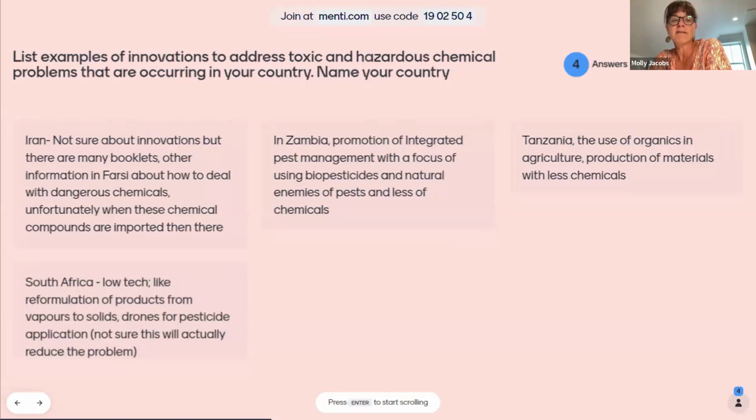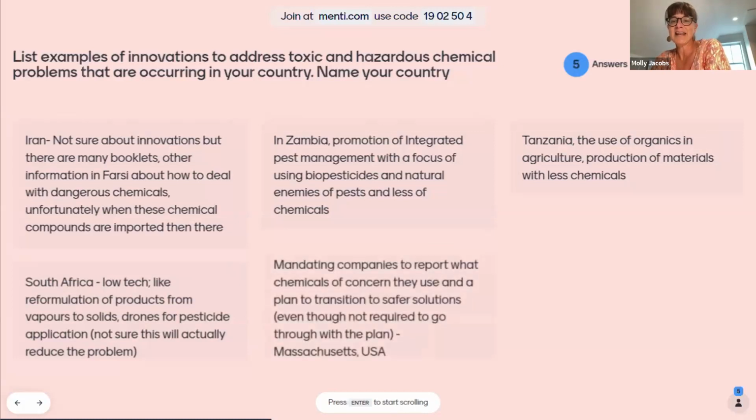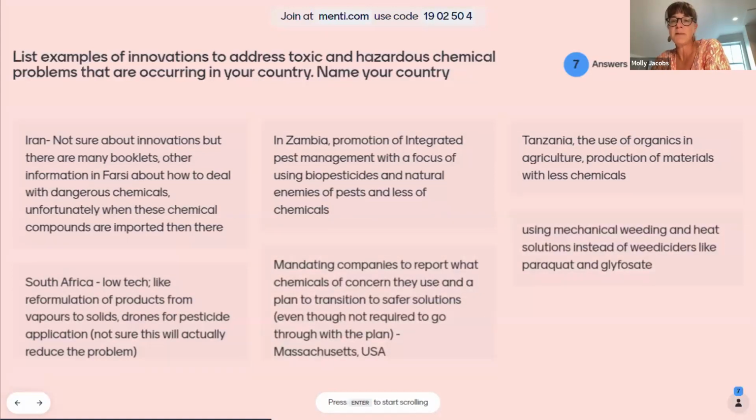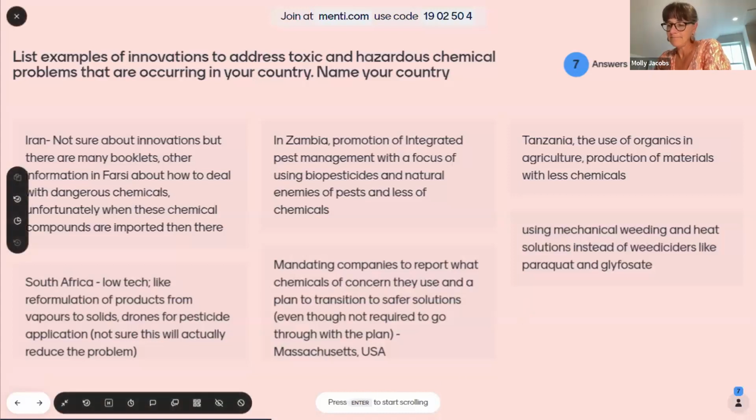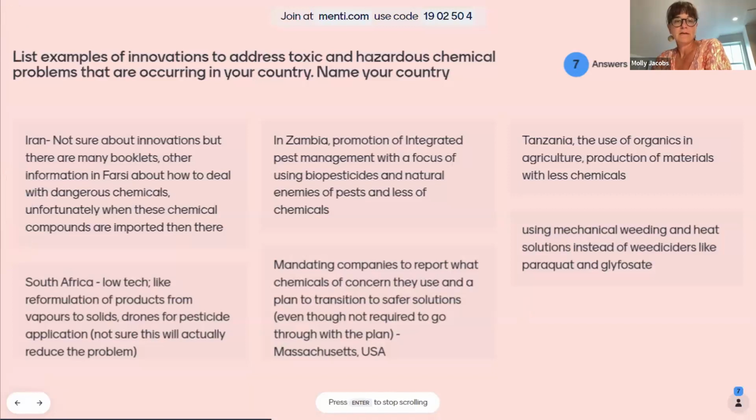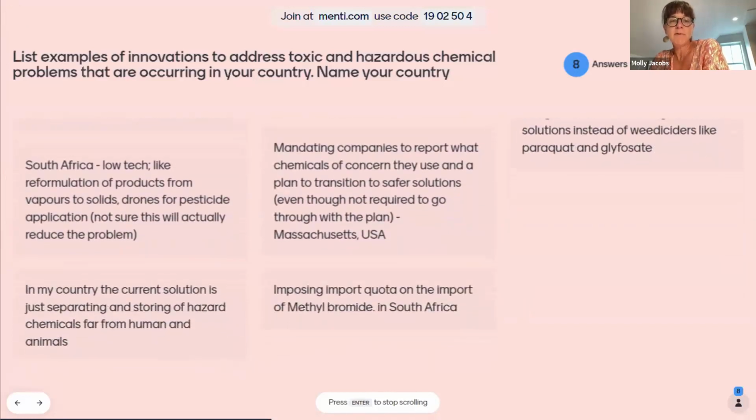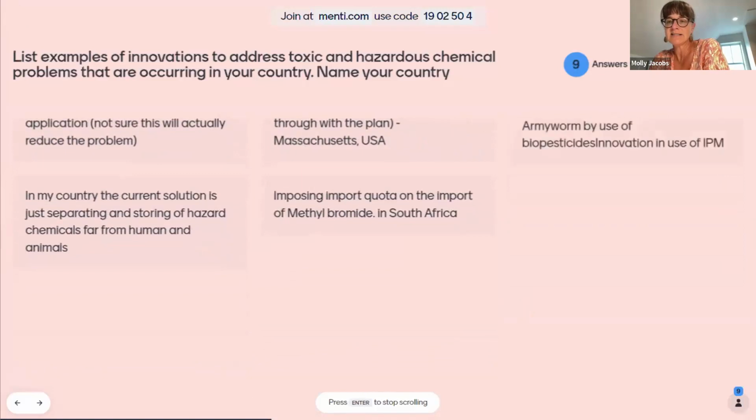We use this often in the United States, both in urban and agricultural settings as well. And yes, organic agriculture is key to reducing our dependency on synthetic toxic pesticides. So I think we have time to think through a couple more, and then we're going to transition on to the next part.